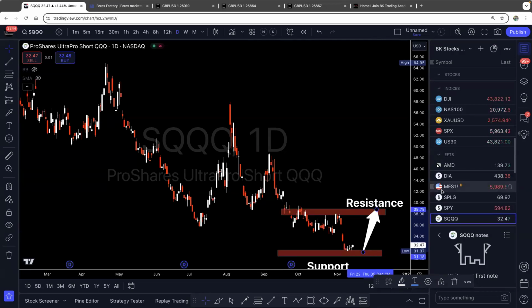So for those who are taking notes, I would take note of SQQQ. So these are ETFs. And ETFs, for those who are unfamiliar, are a basket of stocks all in one.